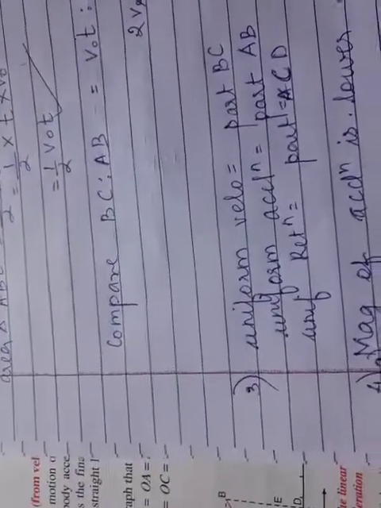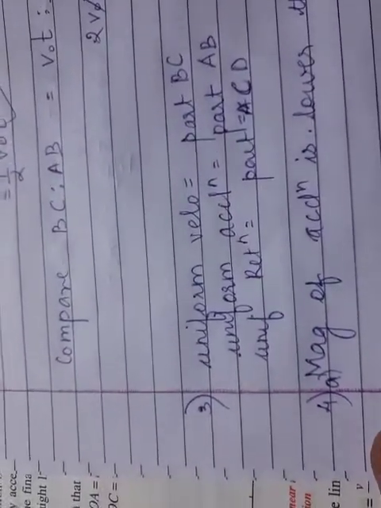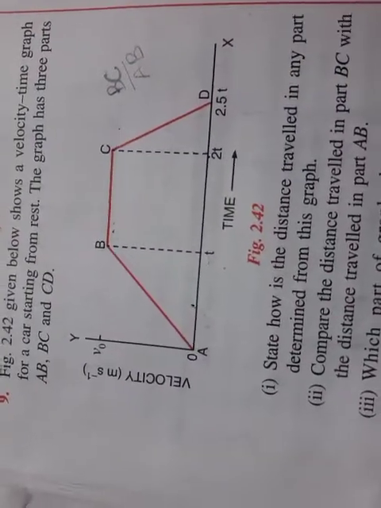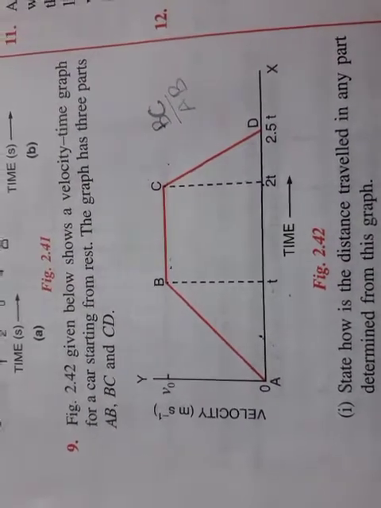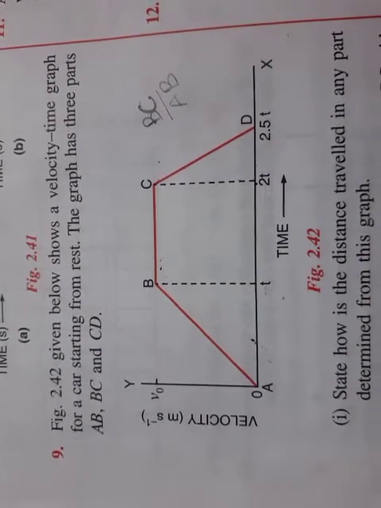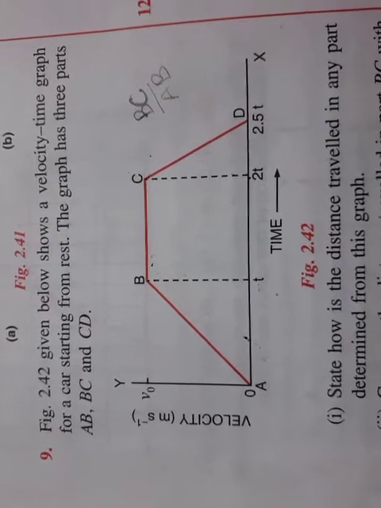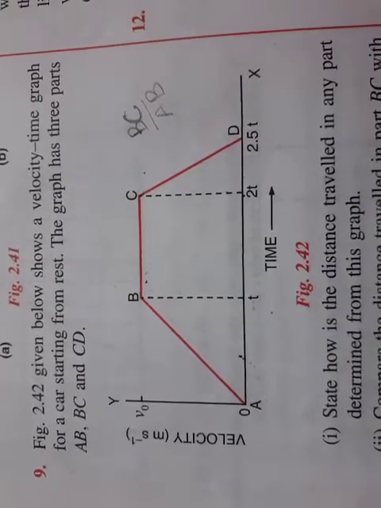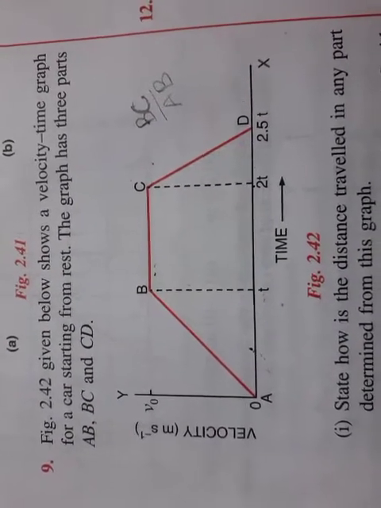Now here they have asked another question, which is: is the magnitude of acceleration higher or lower than that of the retardation? So here we are supposed to answer whether the magnitude of acceleration is higher or the magnitude of retardation is higher. So we can say that the magnitude of the acceleration is lower than that of the retardation.